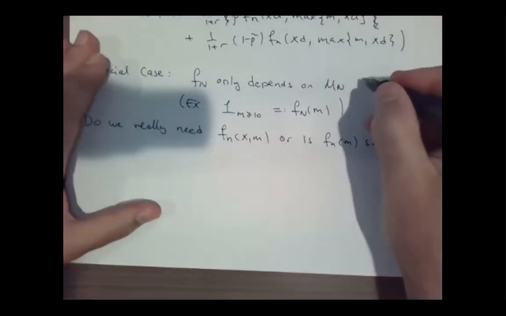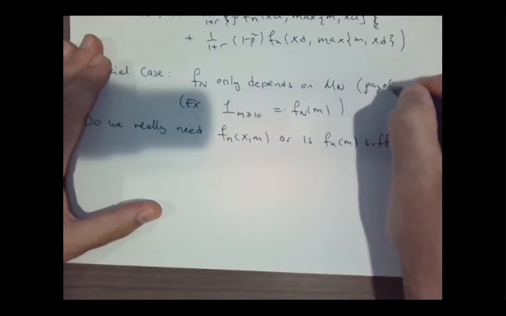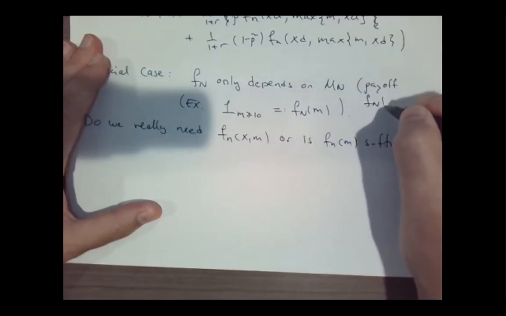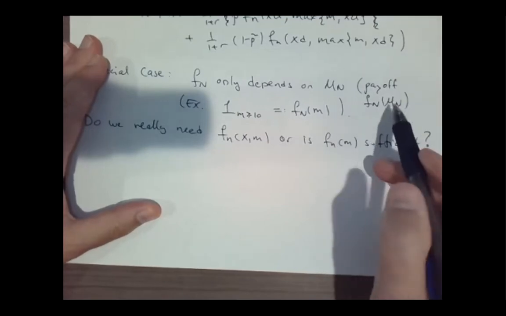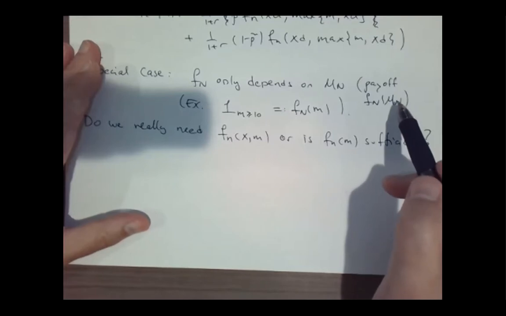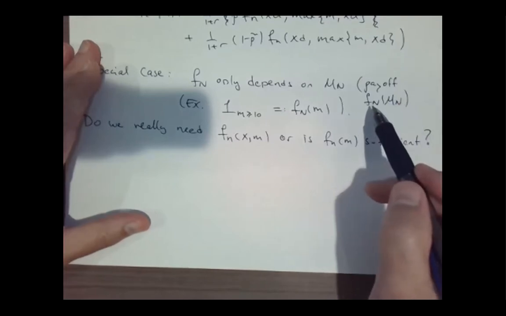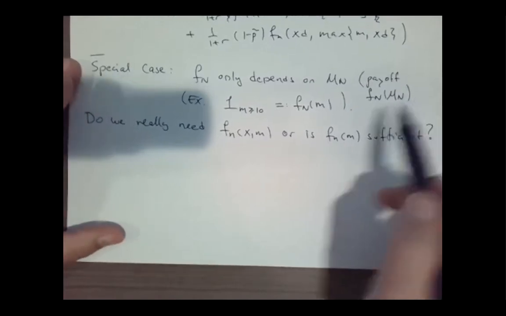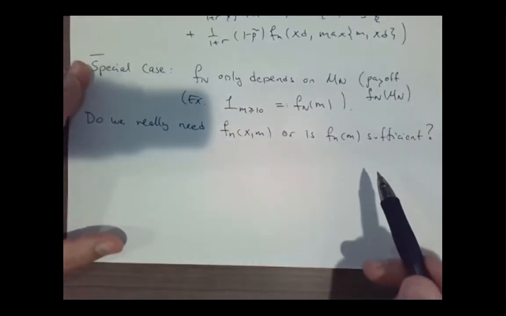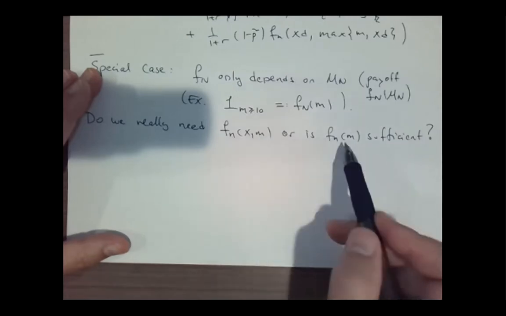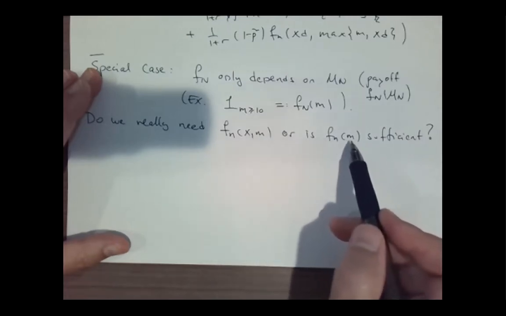Here the payoff would be Fn of Mn. There's no stock appearing directly in the payoff function, it's just a running max. So you could wonder, when you go backward iteratively, would you really need to keep track of also the stock as well as the running max? Or is it sufficient just to keep track of the running max?